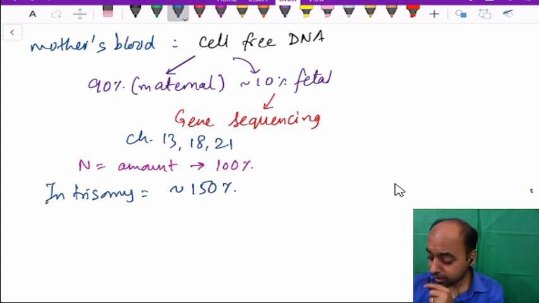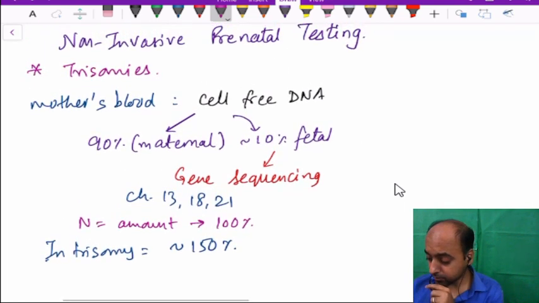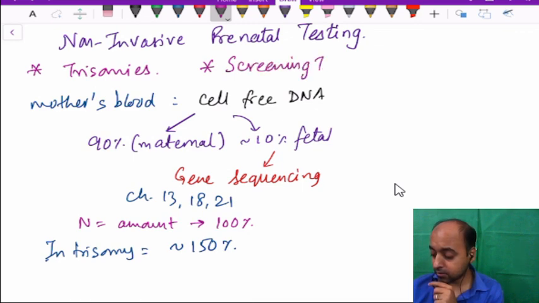Please note that NIPT is a screening test with high sensitivity.